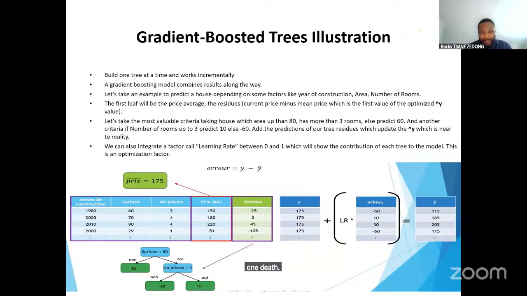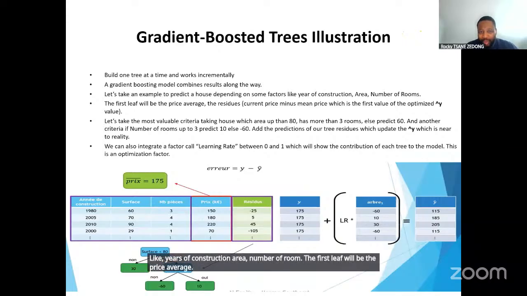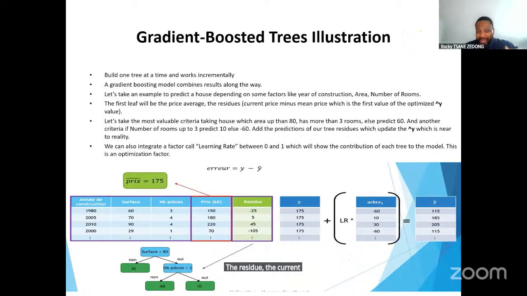If we take an example, we want to predict a house price depending on some factors like year of construction, area, number of rooms. The first leaf will be the average price. The residual is the current price minus the mean price, which is the first value of the optimized value.